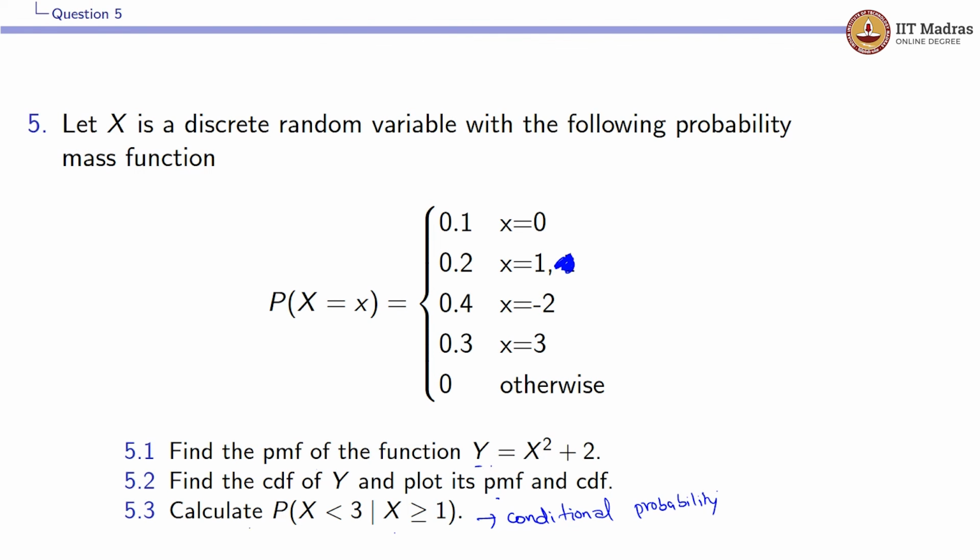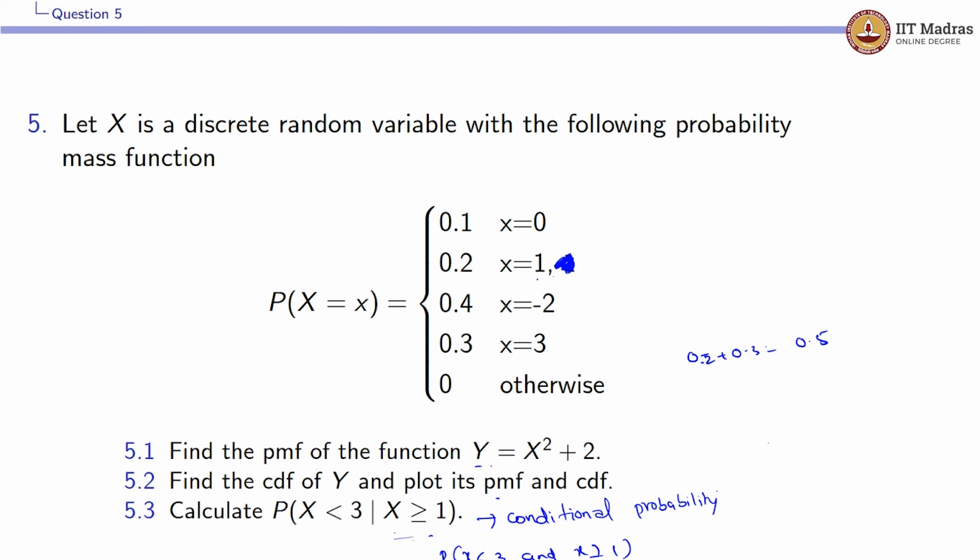We have one last one, that is, they are asking for the probability of x less than 3 given that x is greater than or equal to 1. This is the conditional probability. The value would be equal to the probability of x less than 3 and x greater than or equal to 1, divided by the probability of x greater than or equal to 1.